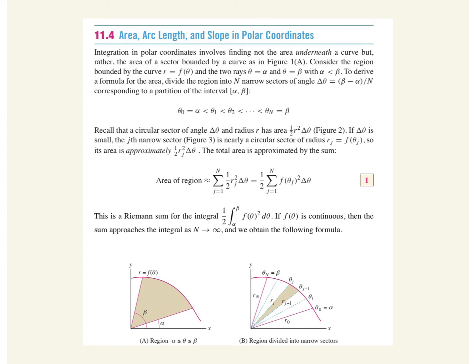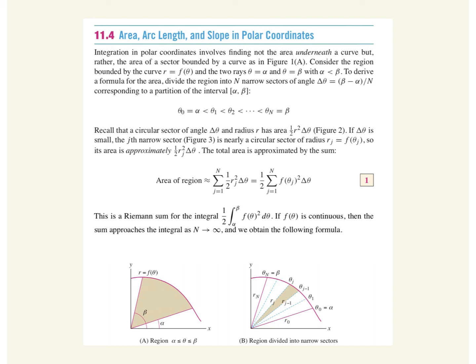Conceptually, we've done these things, but in rectangular coordinates. 11.4 is new, because we're now doing calculus with polar coordinates. A lot of it is similar and formula-based, but a little bit different, so we have to pay attention to certain details.